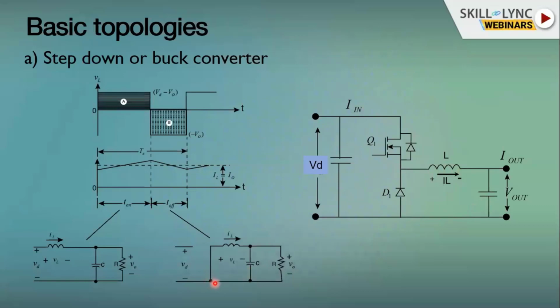In this case, this diode will come into the picture. When it is switched off, the inductor energy will dissipate and the current will flow like this. So now, because of this L and C arrangement, this current has smoothness. It's not exactly in pulse mode.